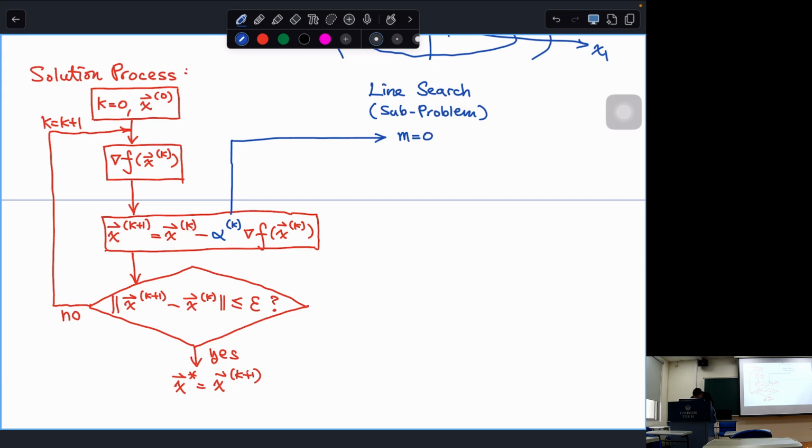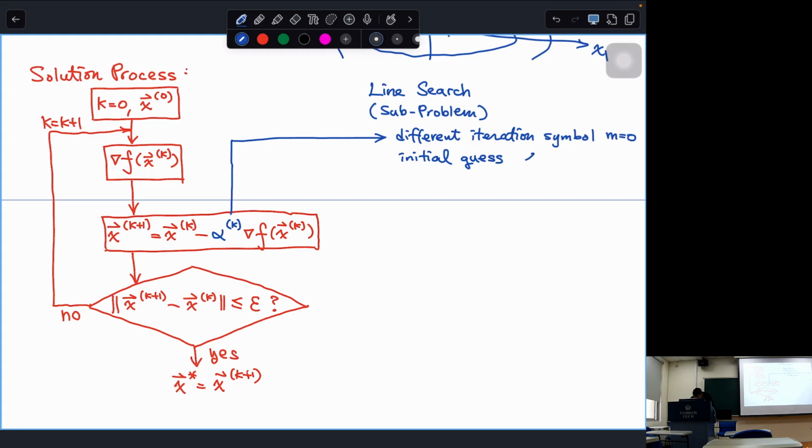So this is a different iteration symbol. M equals 0. And I should have an initial guess. But what I'm guessing is actually the value of alpha.